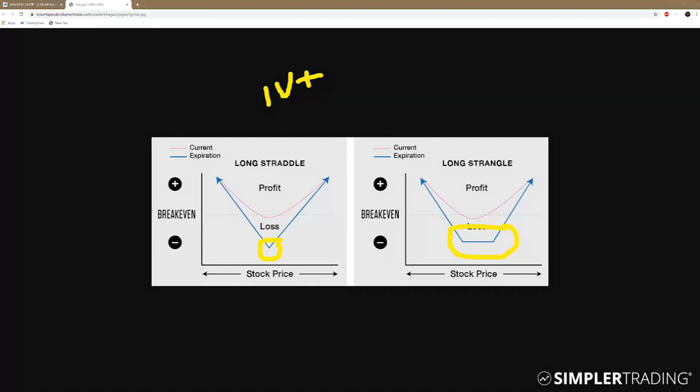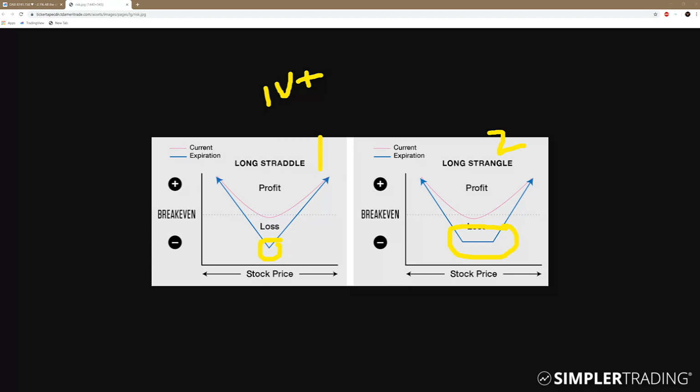So you're going to get a little bit more kick from the straddle, I believe. From a strategy point of view, the only difference is you'll have one common strike price here, and you'll have two over here. They're very, very similar, though.